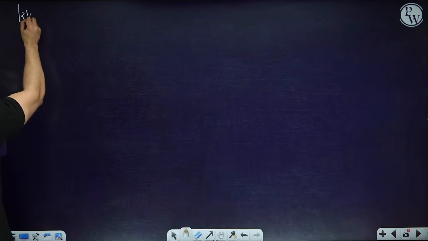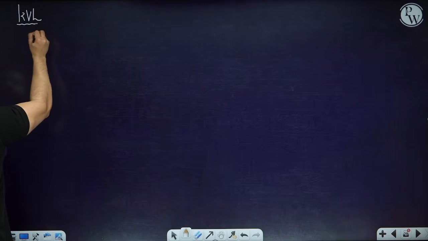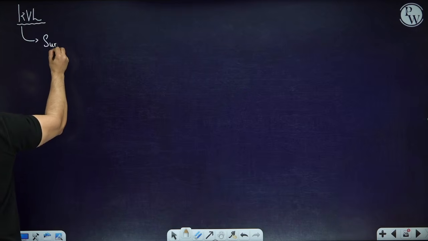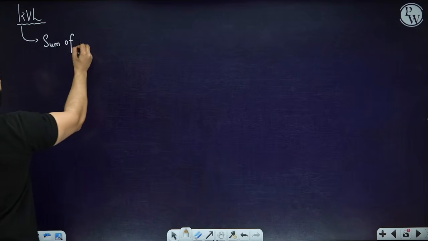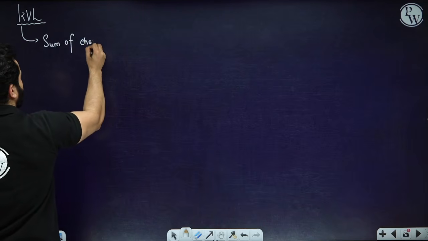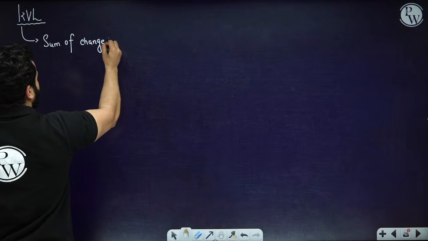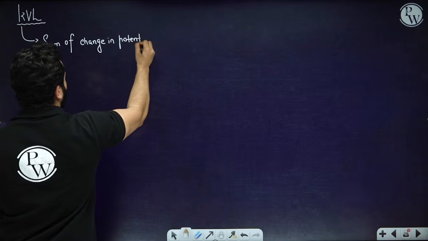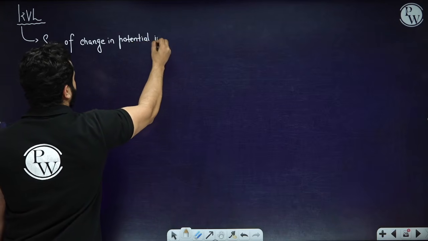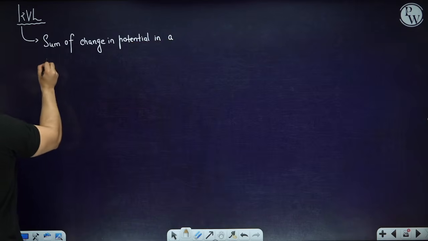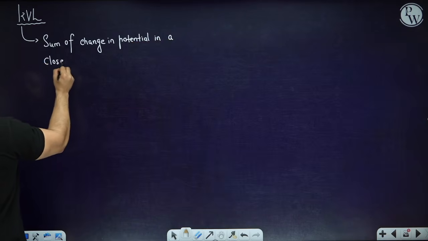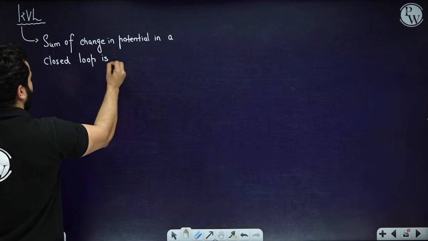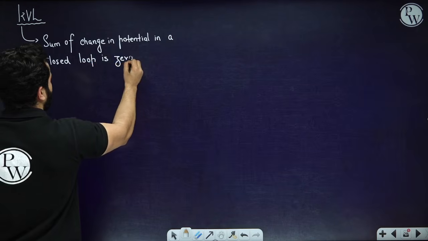First of all, what does KVL mean? KVL says that the sum of change in potential in a closed loop is 0.